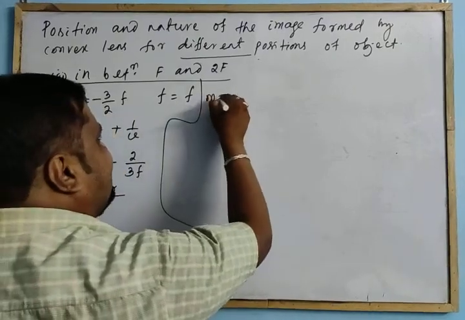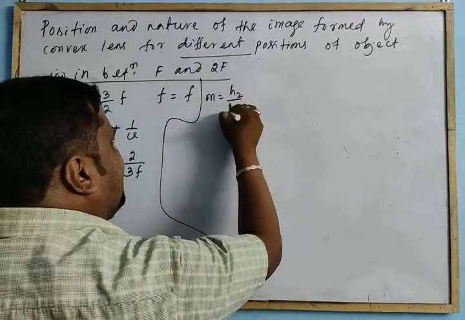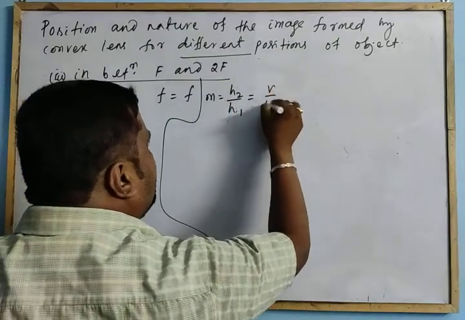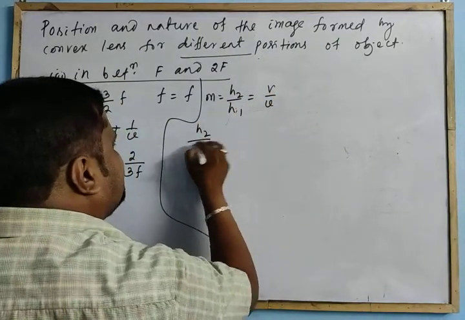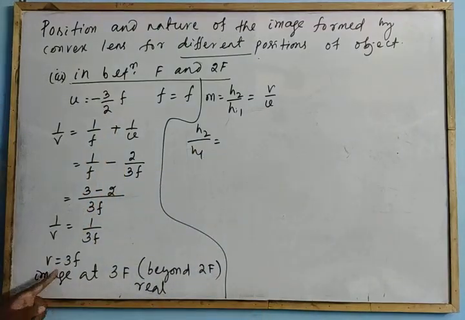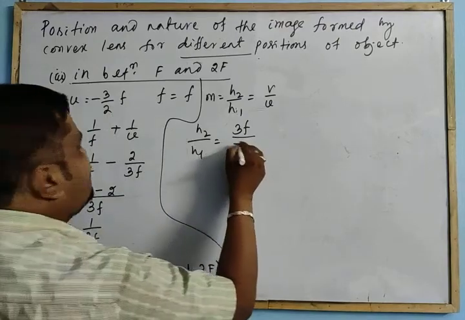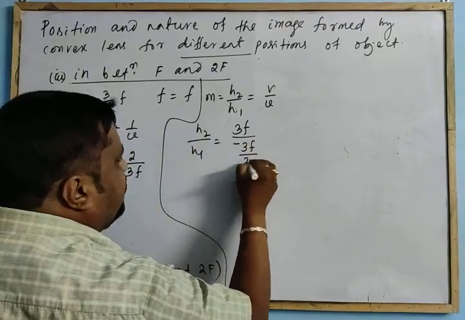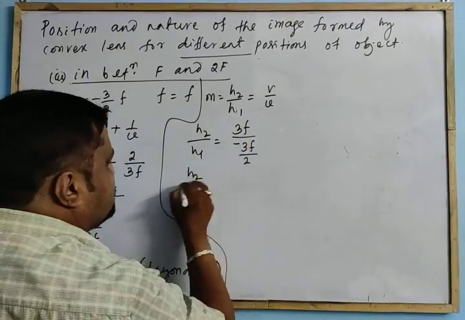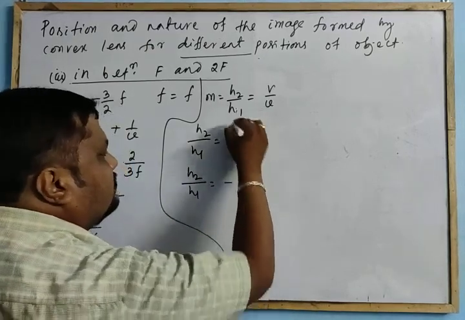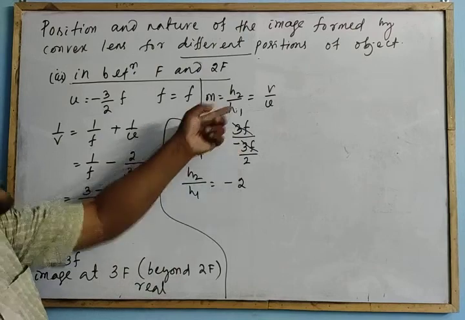Then for magnification, m is equal to h2 by h1, which is equal to v by u. So h2 by h1 is equal to, what is v? 3f. Then u is minus 3f by 2. So this cancels. h2 by h1 is equal to minus 2.